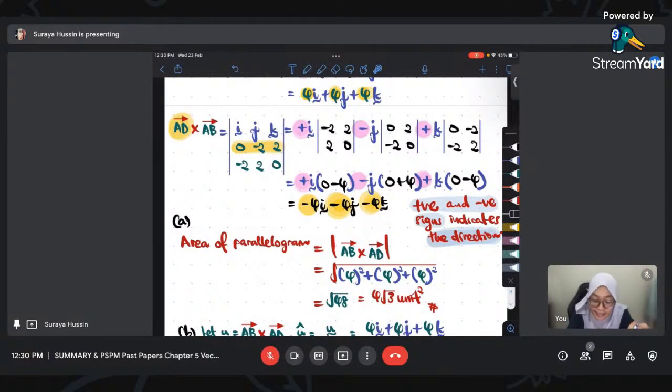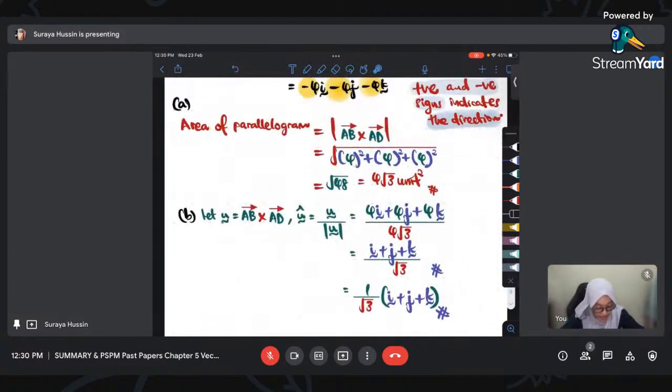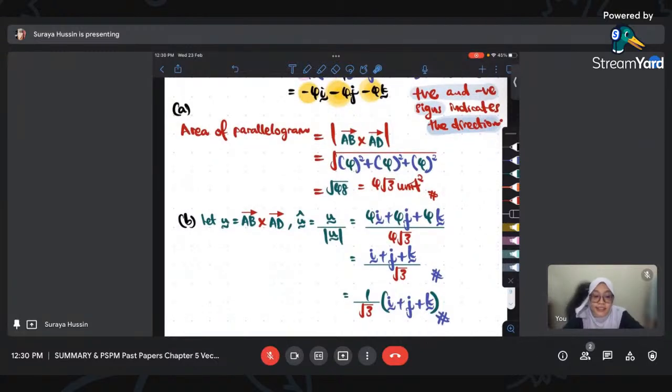Is it interesting that even though the direction is different, you can still find the area of parallelogram with the same magnitude?